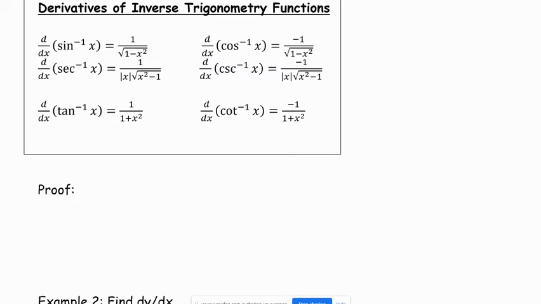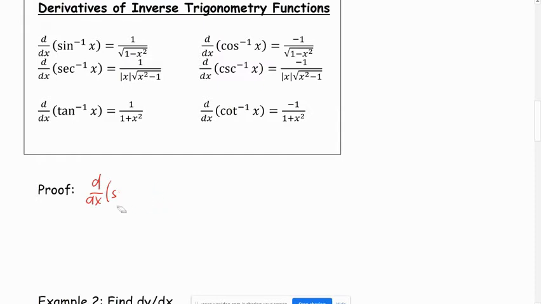For example, to prove the first one, if we want to know the derivative of inverse sine, let's call it y.